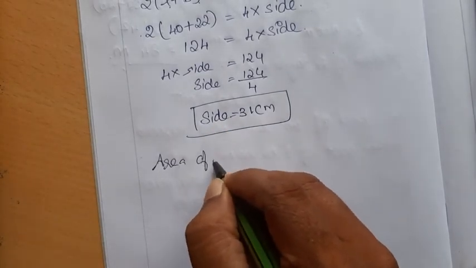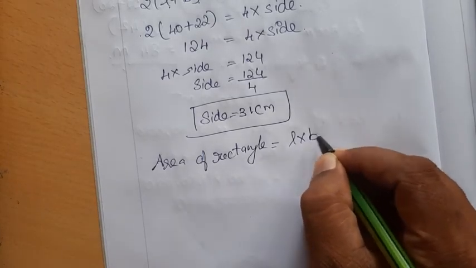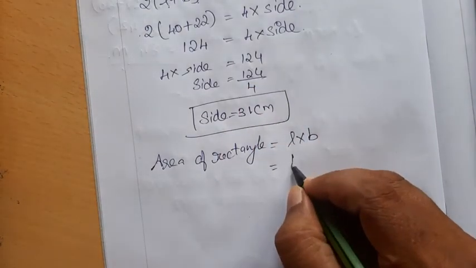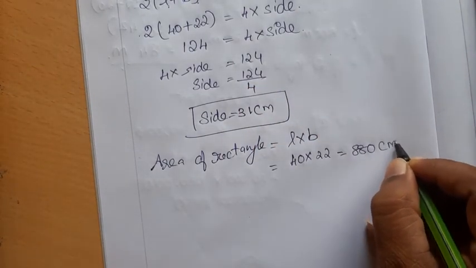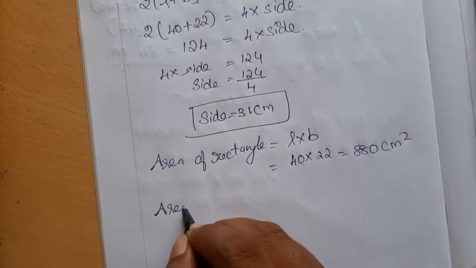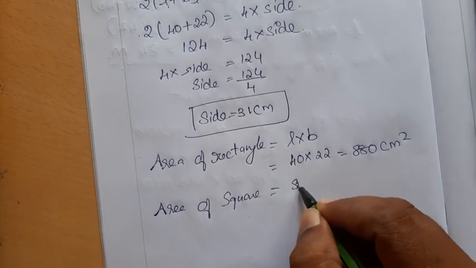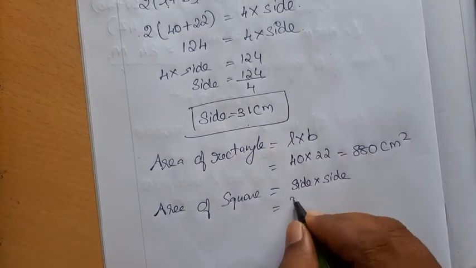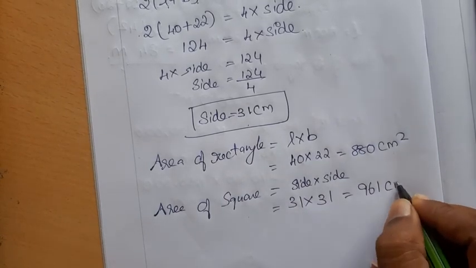So area of rectangle is equal to L into B, which is equal to length 40 and 22. 40 into 22 is equal to 880 centimeter square. Next, the area enclosed by a square is equal to side into side. So the side we found as 31. 31 into 31 is 961 centimeter square.